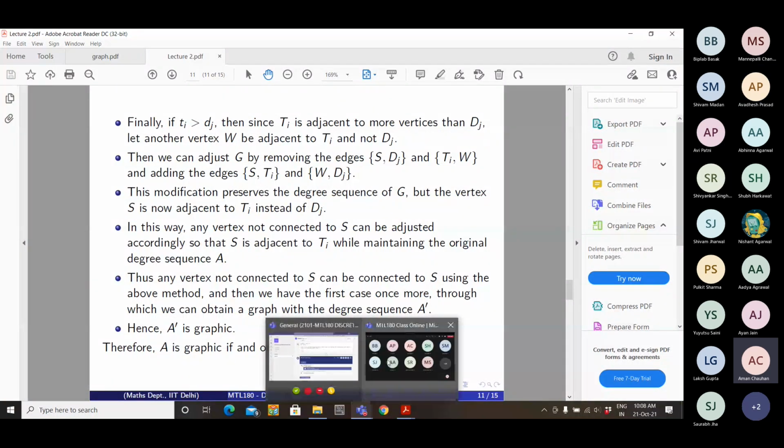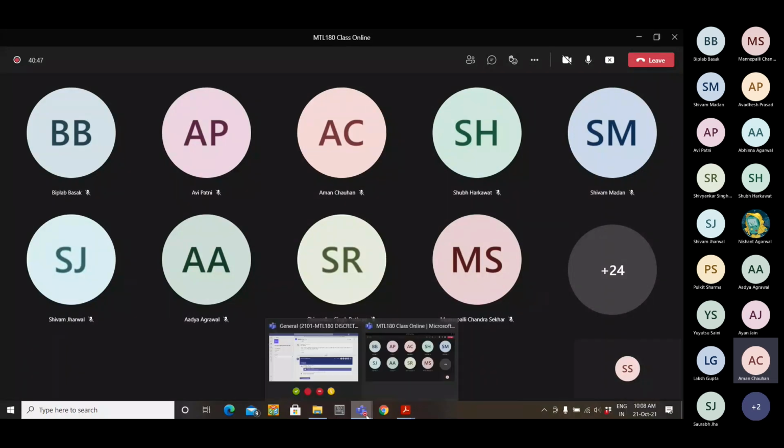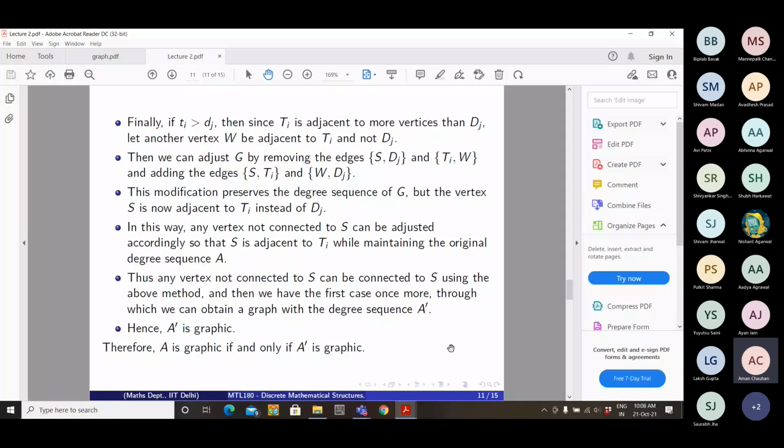Okay, so if it is clear, then fine. If it's not, please tell me. If it is clear, then I shall move to the next portion. If it's not, please tell me. I will explain once again, because we have enough time to explain. Okay, so if not, I shall move to the next portion.